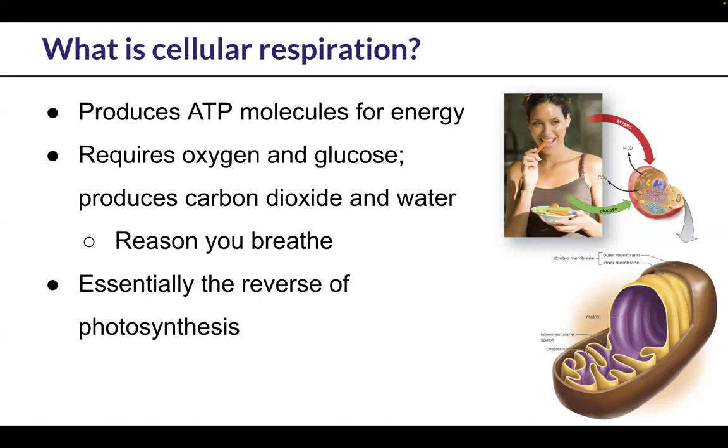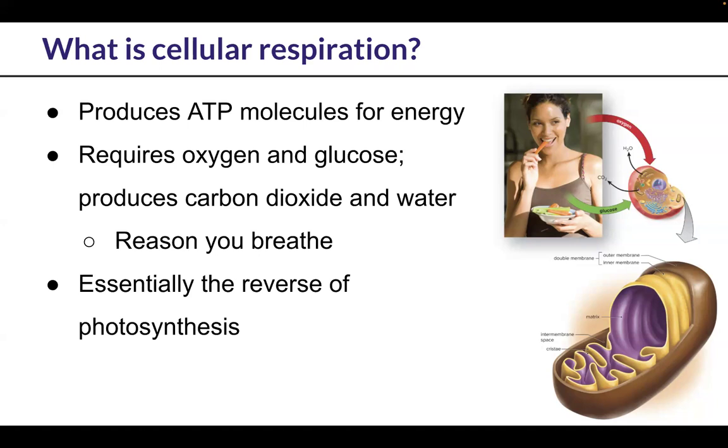So we have to actually breathe oxygen, and we'll see a little later what that oxygen is used for. When we breathe in oxygen and eat our food source, we're able to produce a byproduct waste of carbon dioxide and water as we convert that glucose into an energy source. This is why breathing is so important, so that we can make ATP energy from the food that we eat.